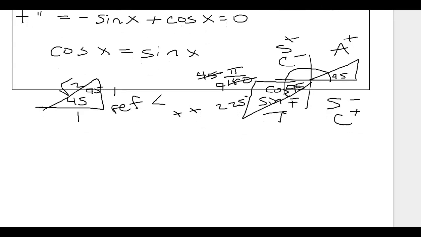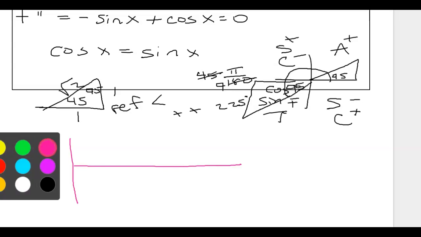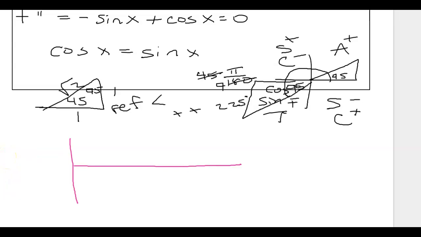Let's say you didn't remember the triangles. I'll describe another strategy. So I'm going to do sine is here. So that's 90. And then let's do cosine.